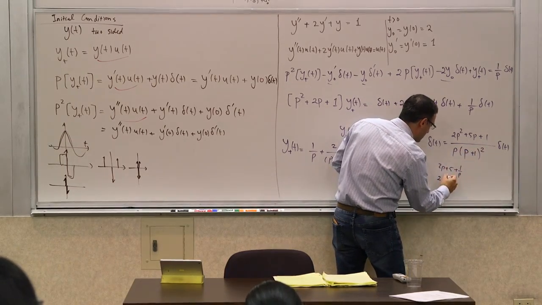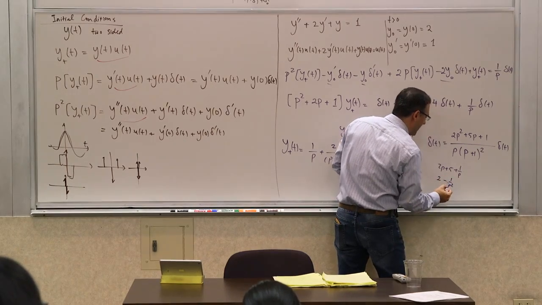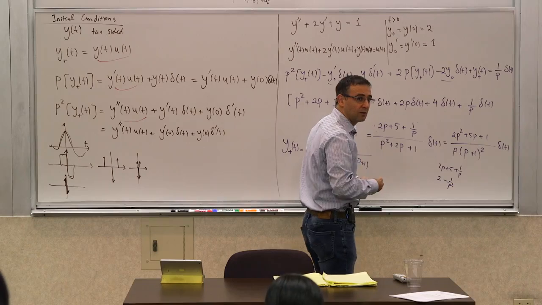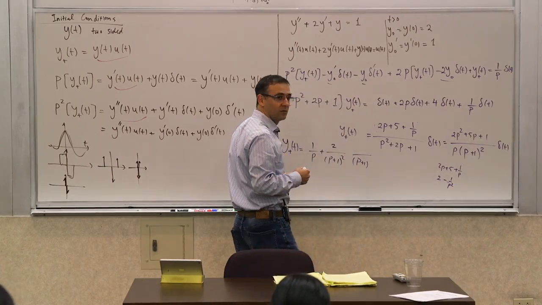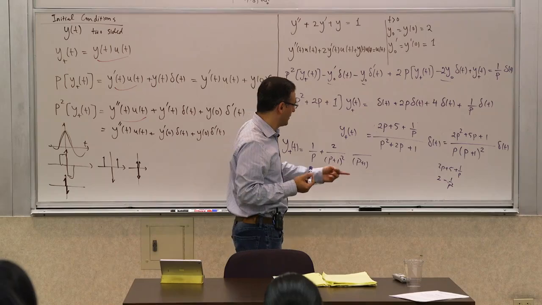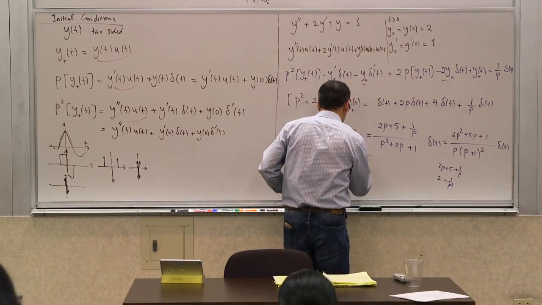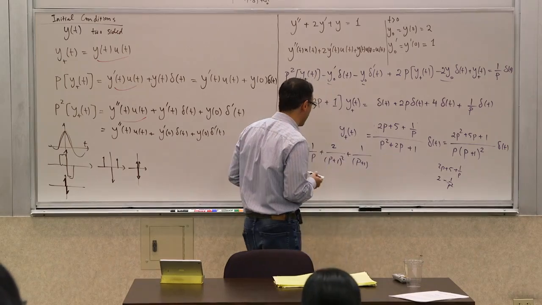It's 2, this is 0, 2 minus 1 over p squared. And we set p to -1. What do we get? What is this for p equal -1? 1. So that's my partial fraction expansion.